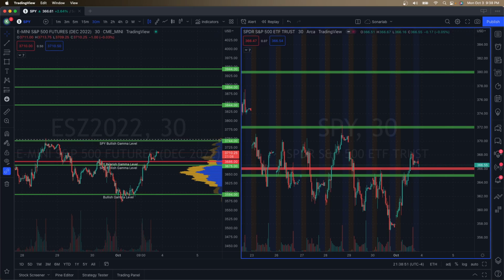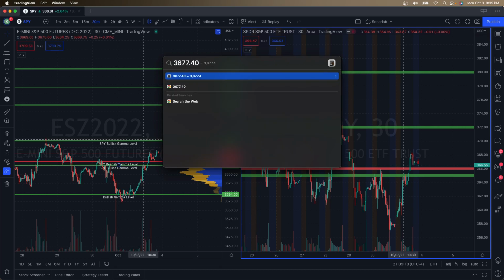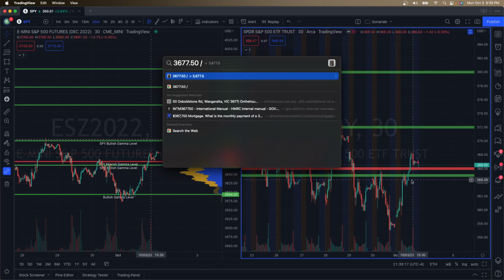But if it was during normal hours, and SPY was trading at 365.35 at the time that ES was trading at 3677.50, let's say, 3677.50 divided by roughly 365.45.